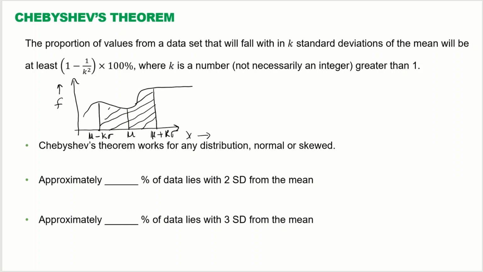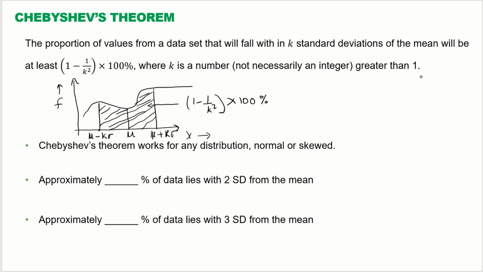The proportion of the data that lies within this region is at least 1 minus 1 over k squared, times 100%. So this will give you the minimum amount of data that lies within the given standard deviation.